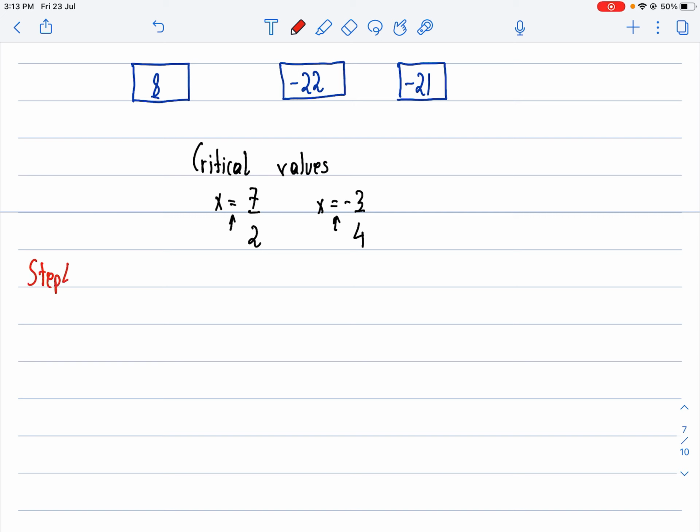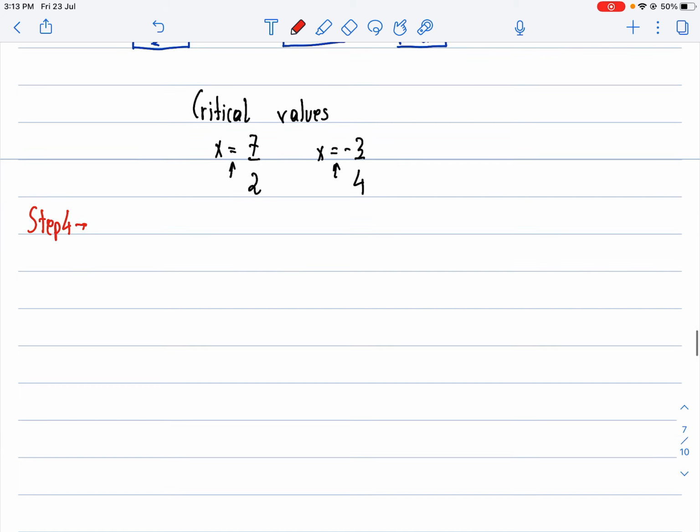Okay, so the first thing you need to do in step 4, because step 4 will have many steps, I'll write those down for you. The first step is basically make a number line. Make a simple number line. Let's say I make a number line something like this.